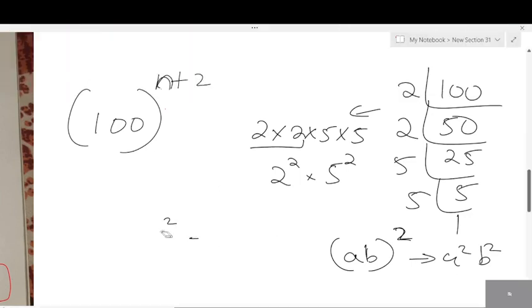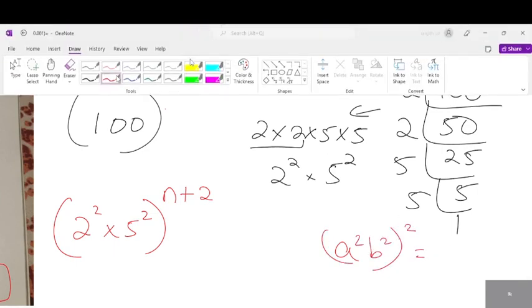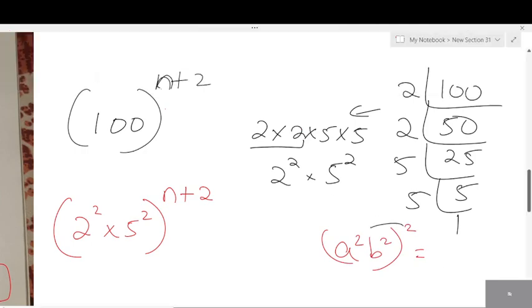Right? Okay, now look here. This 100, I'll write it as 2 square into 5 square, to the whole power n plus 2. So what's the answer for this, students? Can you tell me the answer? Multiply both. So what are we doing? Basically, we have to multiply, right?